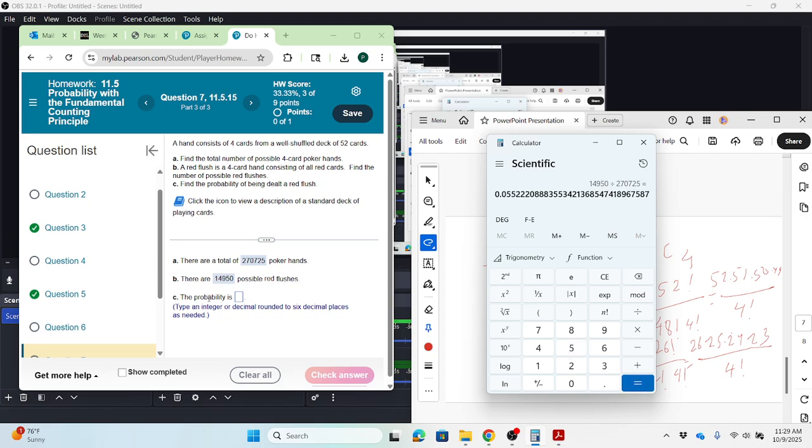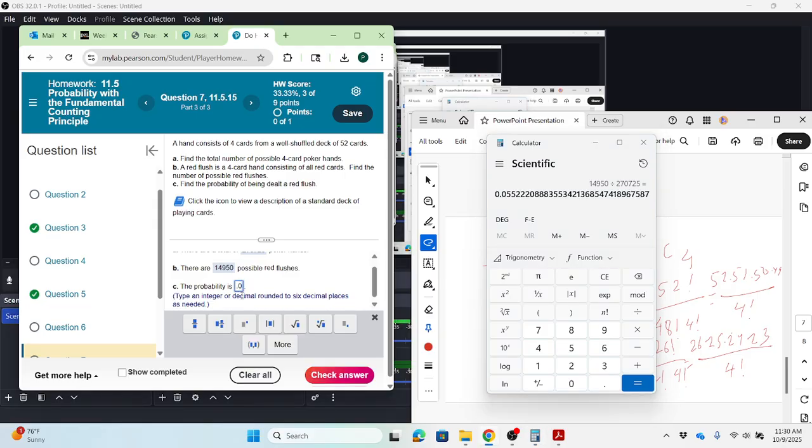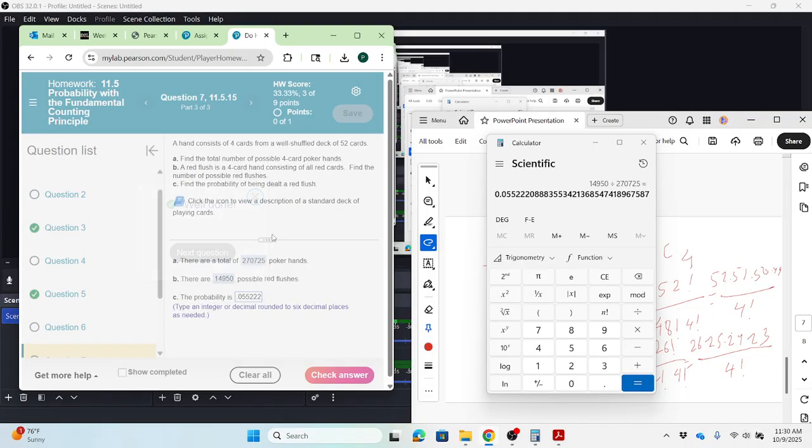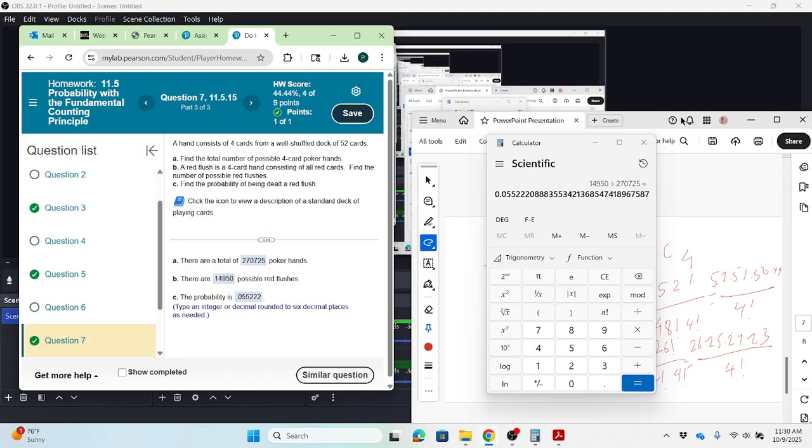You can have a decimal answer rounded to the 6th decimal place, which is 0.05522, and after that it's a 0, so you don't have to round it. Okay, that's all for this section.